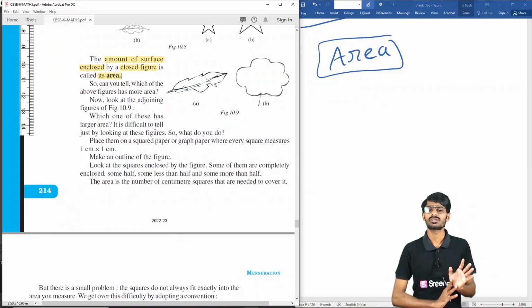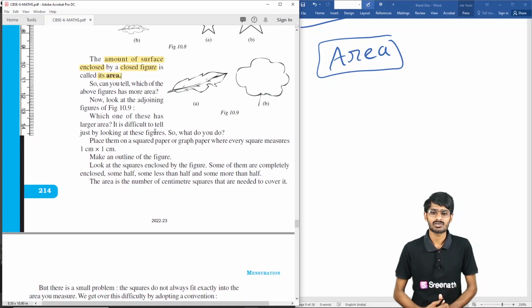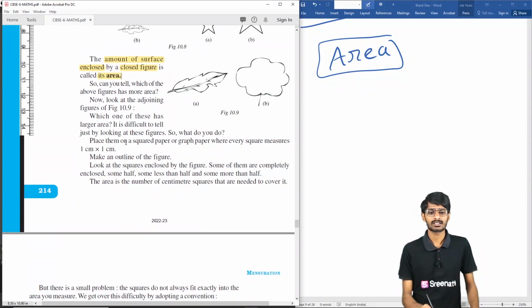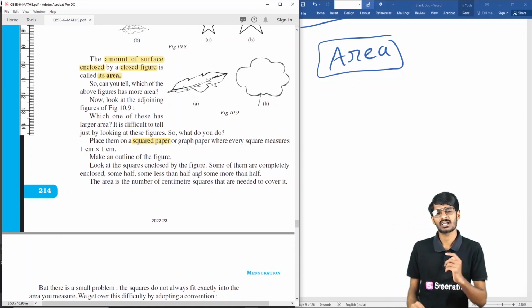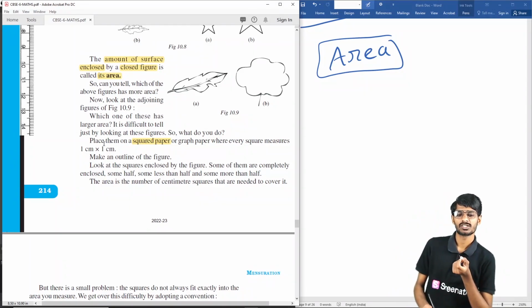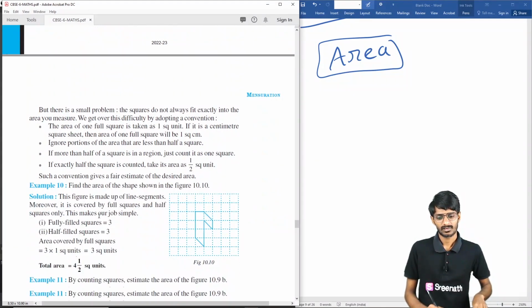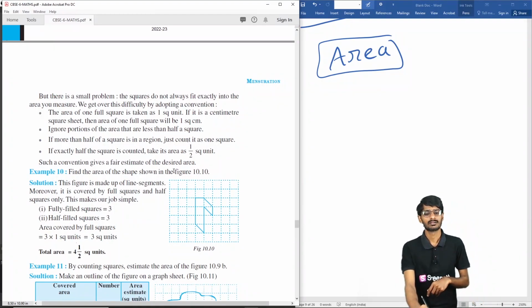Now how do we find out which is occupying a larger area and which is occupying a smaller area? How to know it? For that we have to get a graph paper or a squared paper. On that squared paper there are squares and each square measures 1 centimeter length by 1 centimeter breadth.